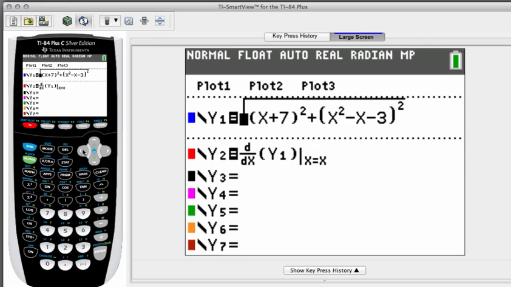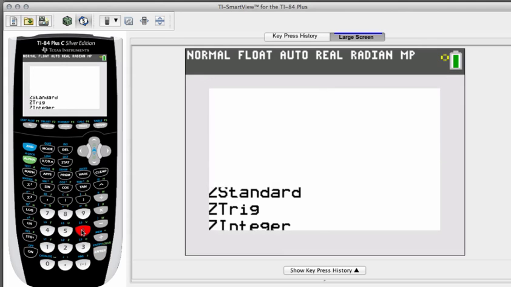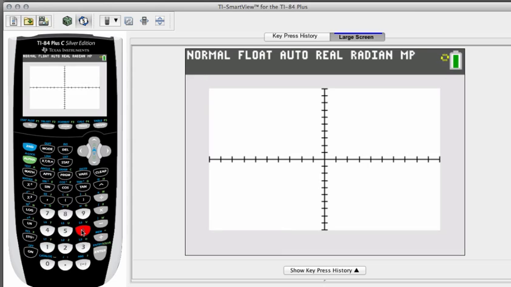I'm going to turn this original equation off. If you move your cursor, your black blinky cursor, so it's on top of the equal sign next to where it says y1, if you hit enter, that will turn that off. This way we're just going to be looking at the graph of the derivative. If you do zoom 6, that should work good enough to get a graph. Now it might take a second to render because the calculator has a little bit of thinking to do to generate the graph of this derivative.